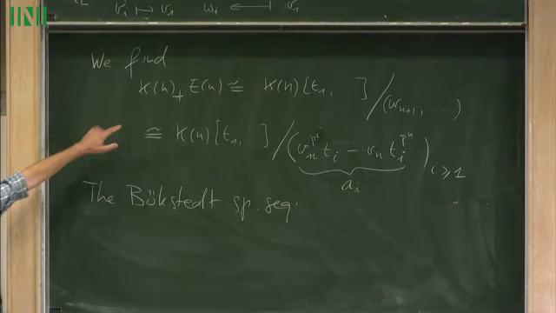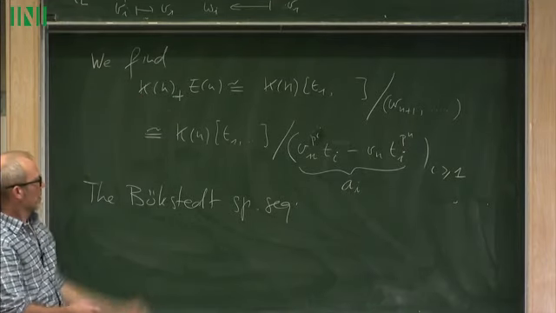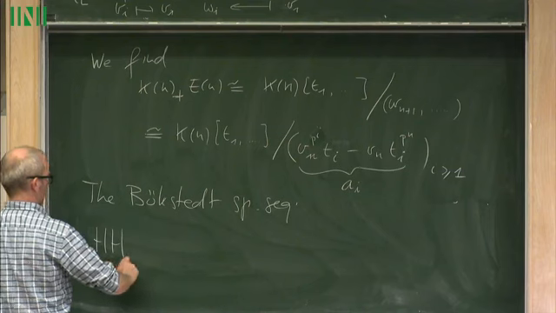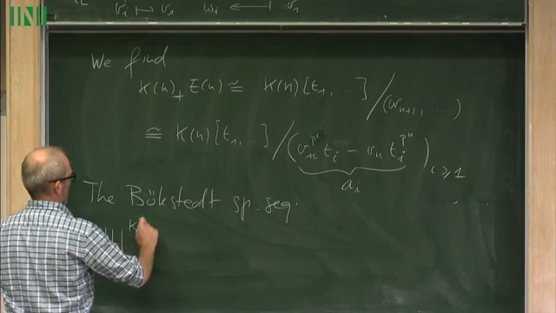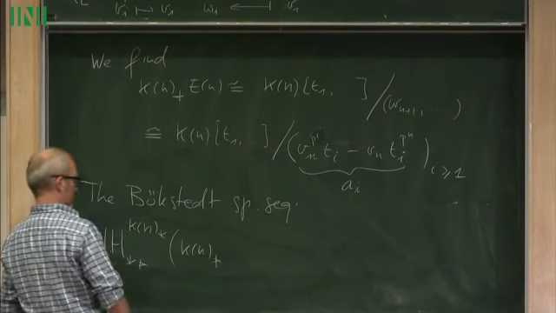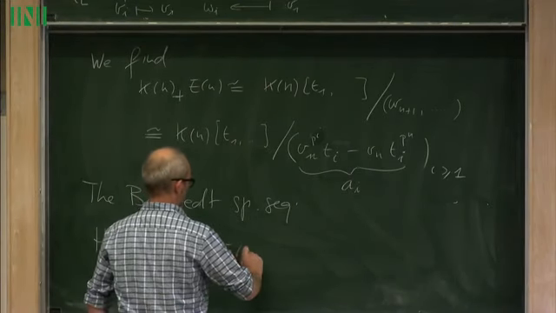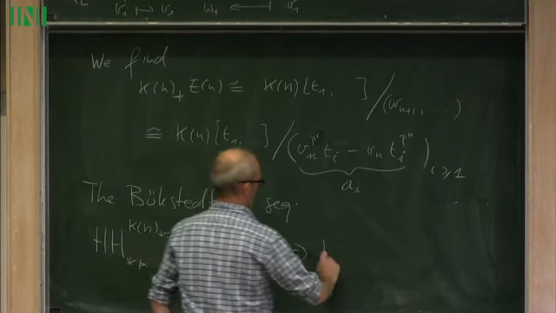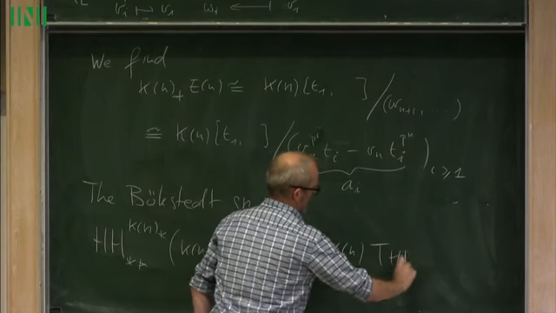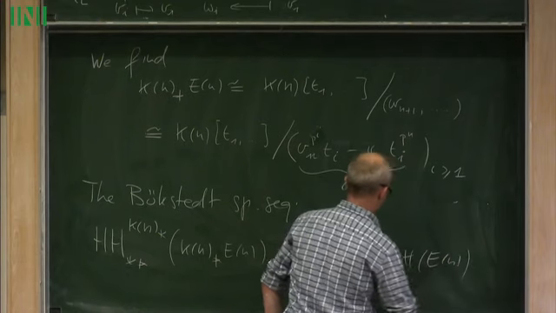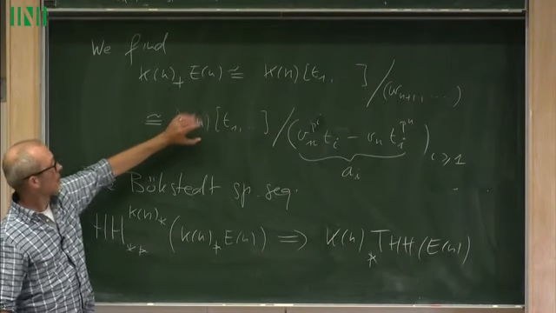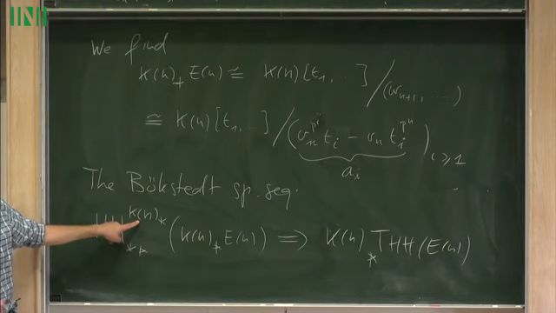So here we have a homology theory that has a Künneth formula, so we can apply the Bökstedt spectral sequence, which is given by this. So we need to compute the Hochschild homology of this algebra over this ground ring.